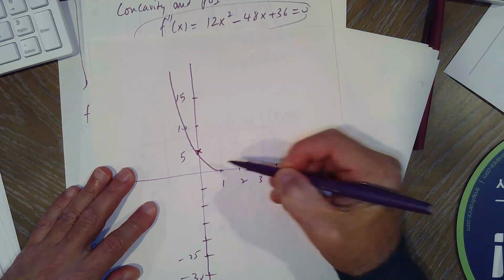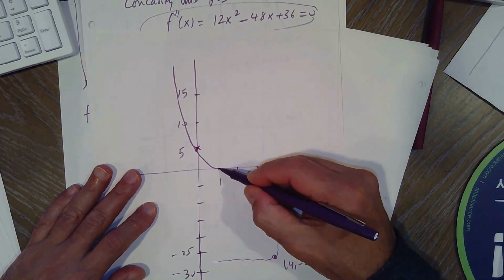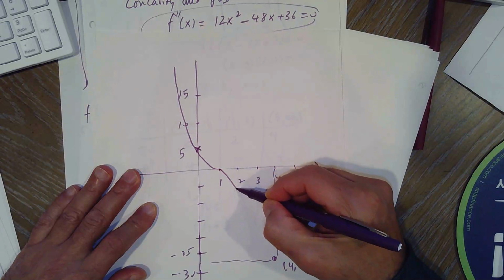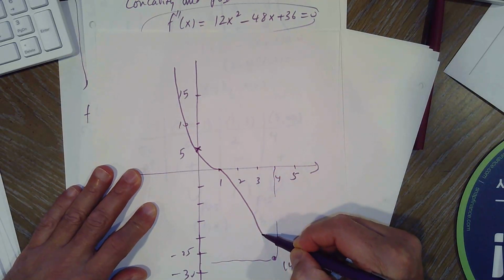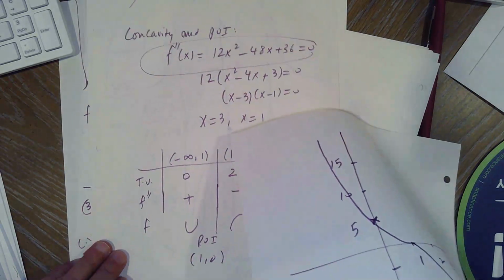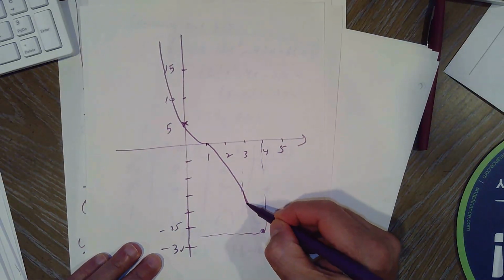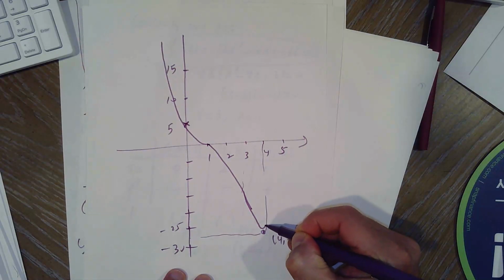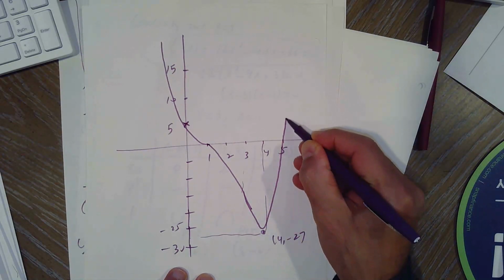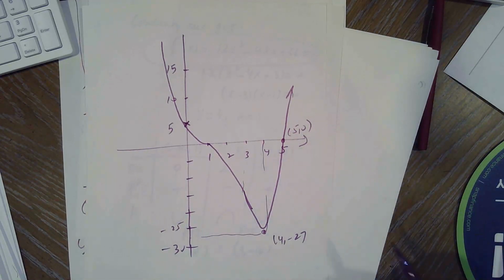Remember, it's decreasing, and then it decreases again to 4, negative 27. That's our minimum. So concave up, then it switches concavity to down. Then it switches concavity again at 4, right? No, at 3. So right here it switches from down to up again, and then up all the way, and then it hits the x-axis at 5, 0. It's an x-intercept, and concave up.